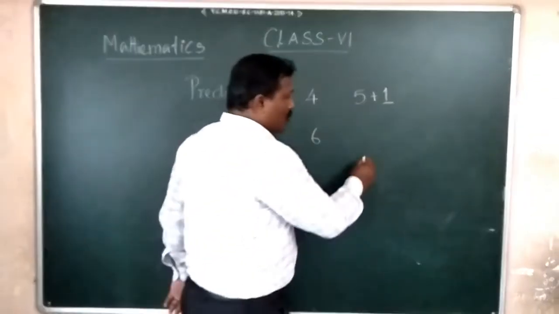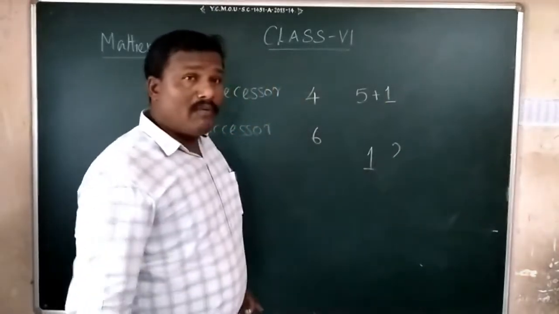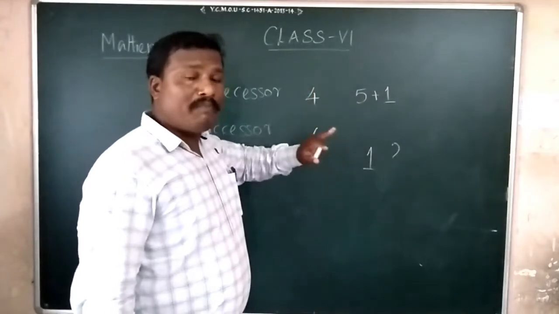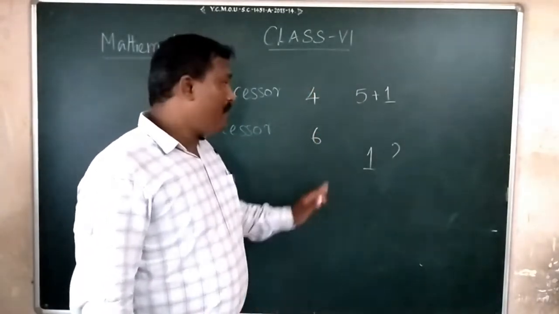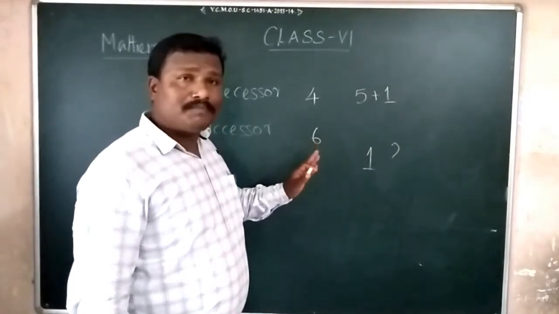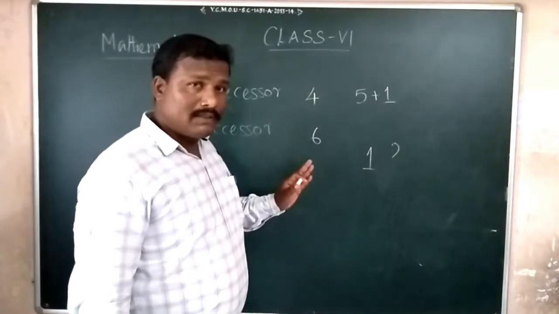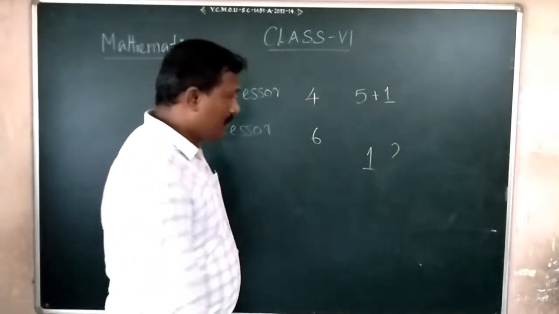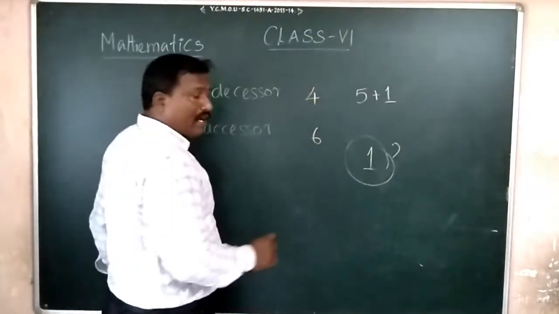But what about 1? We know all the numbers have a successor and predecessor. What about 1? Does 1 have a successor or predecessor? Can you tell me? Suppose now I am going to find the predecessor of 1.